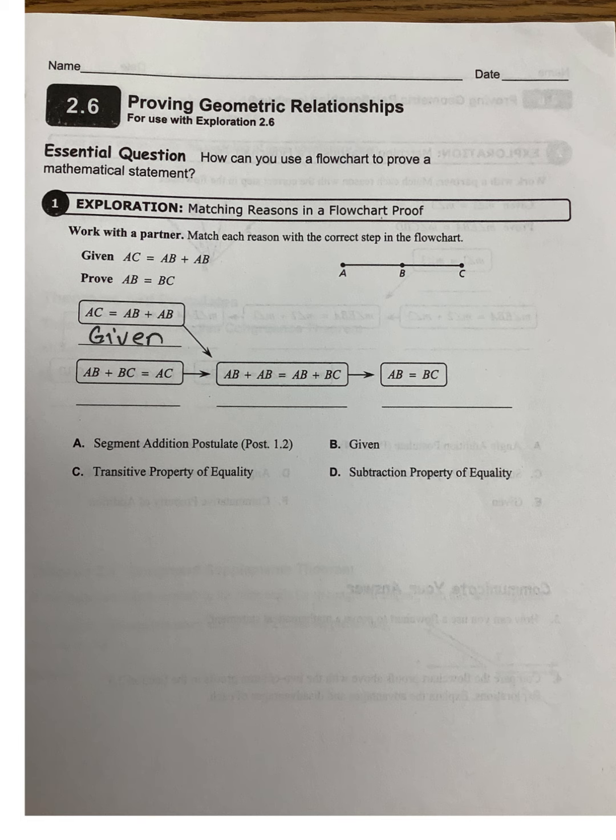All right, and then we have AB plus BC. So we have AB plus BC, and that equals AC, the whole thing. So what do we call that? Based on the answers you have to choose from.